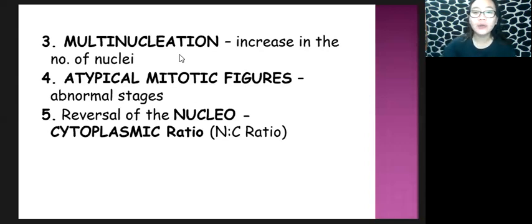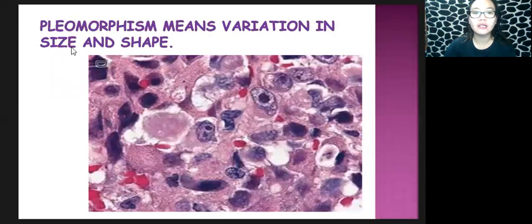In order for you to understand these different criteria better, you would be able to see here your pleomorphism. As you can see, there are a lot of varying sizes, shapes, and appearance of your cells. This is one cell, and then it appears like this.